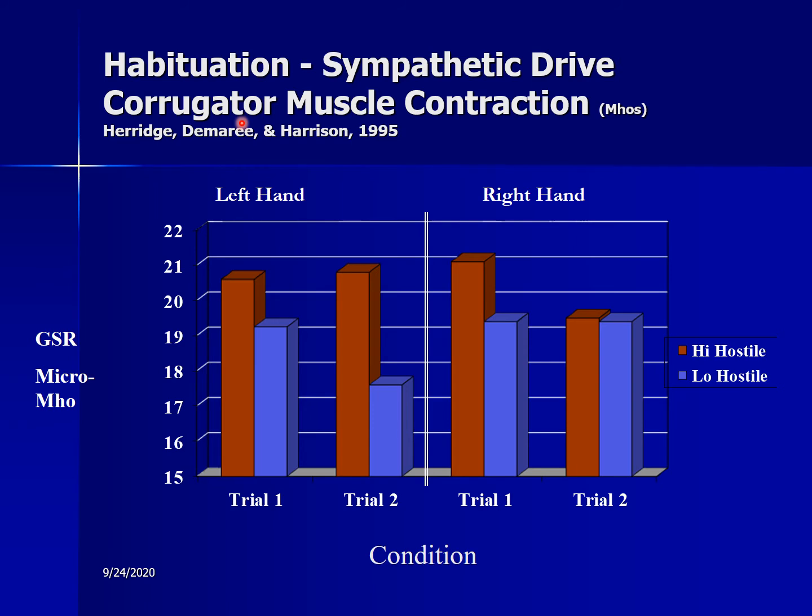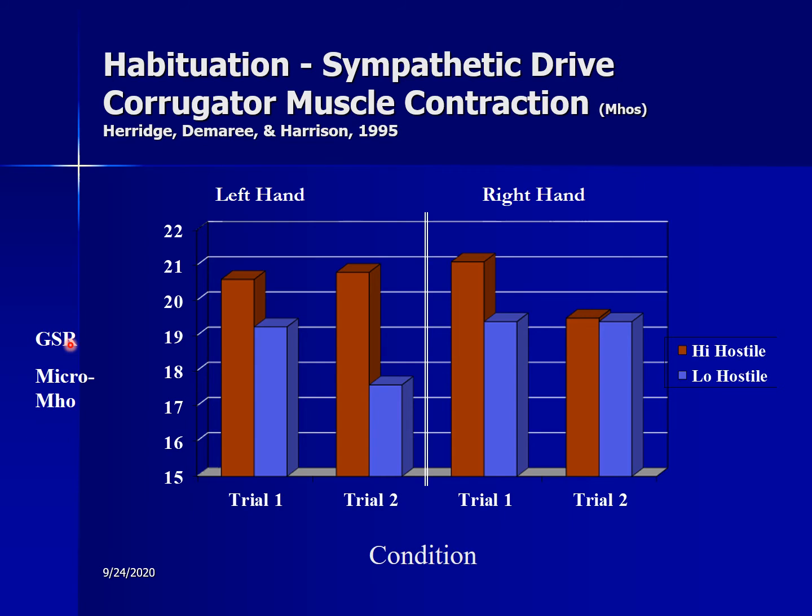So when you made that angry facial configuration, your blood pressure went up, your heart rate went up, and your galvanic skin response went up. We talked about this under methods. It's our number one measure of sympathetic drive, and one of the most commonly used measures in psychophysiology.